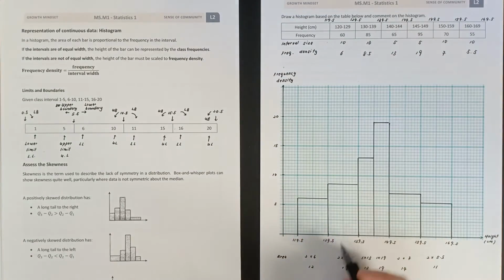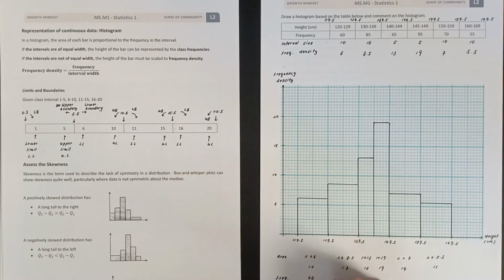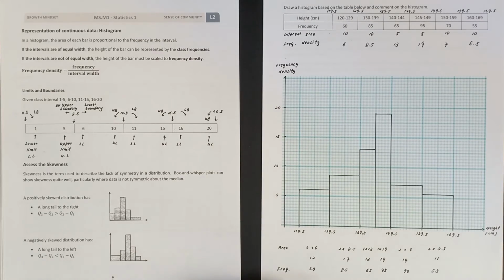So now let's check with my frequency. My frequency here is 60, 85, 65, 95, 70, and 55. When I simplify all these numbers, then what do I get?